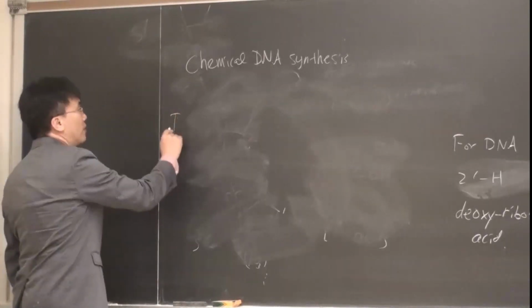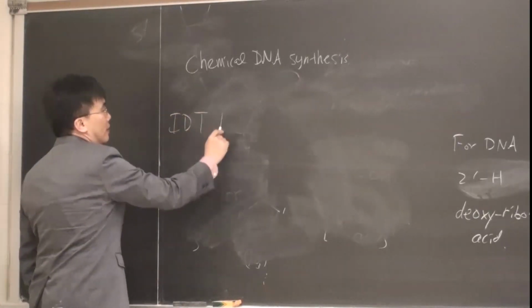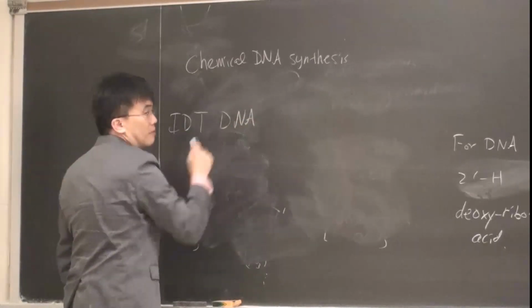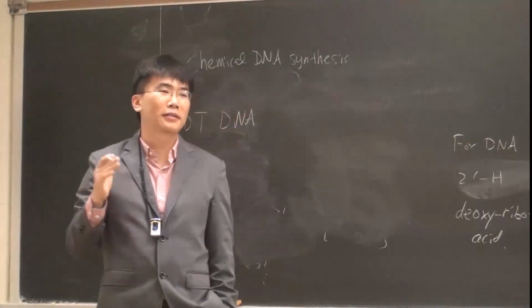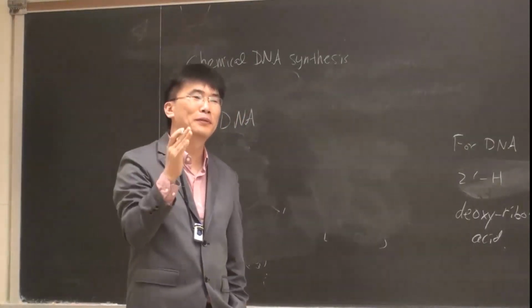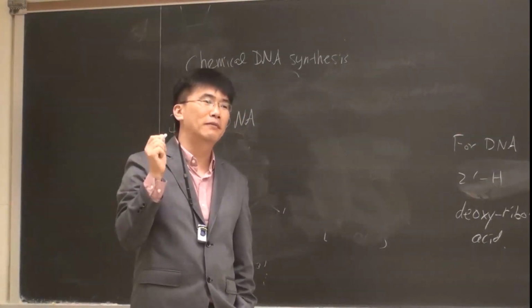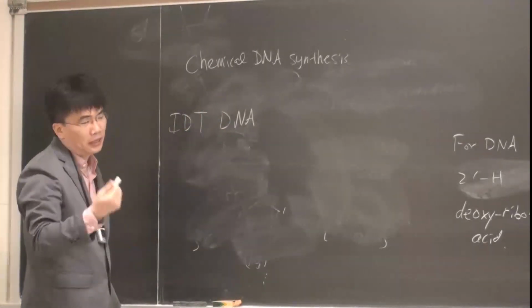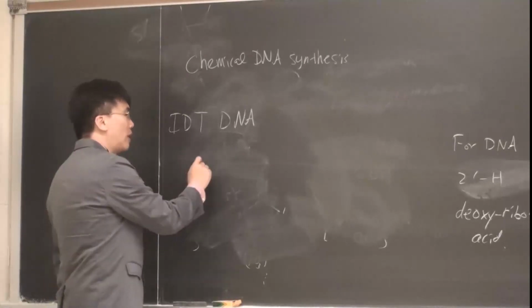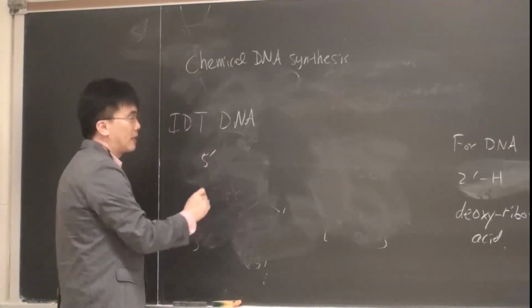There's a big company in Iowa called IDT DNA. I think a majority of people doing research buy their DNA from this company, and you can actually open a web browser and type your sequence.